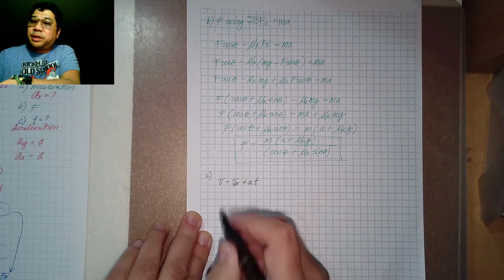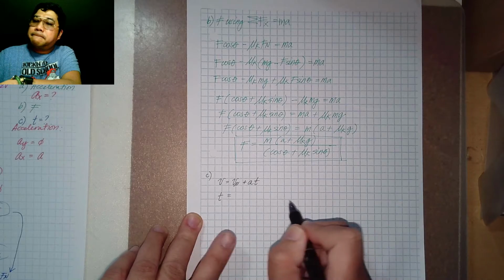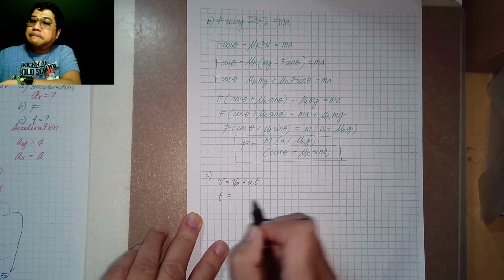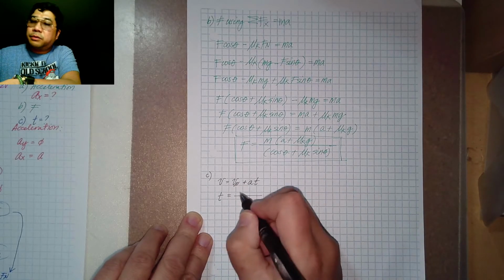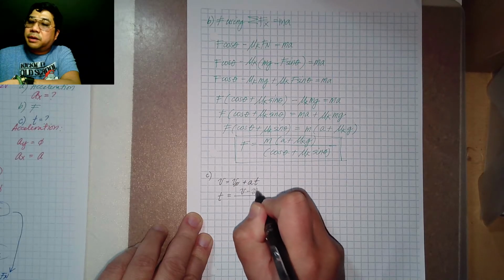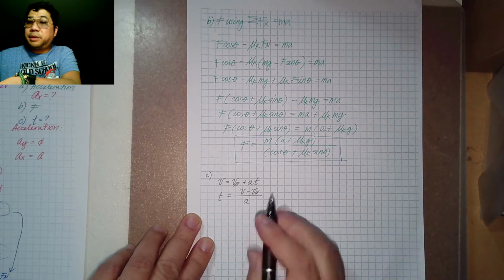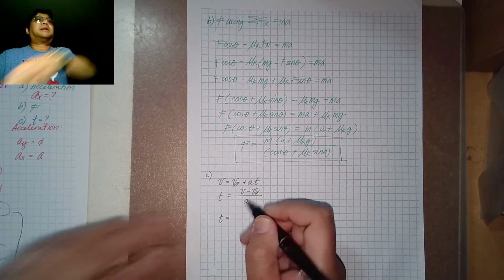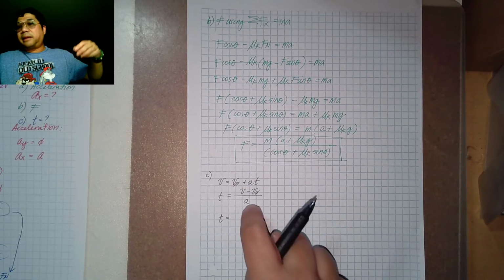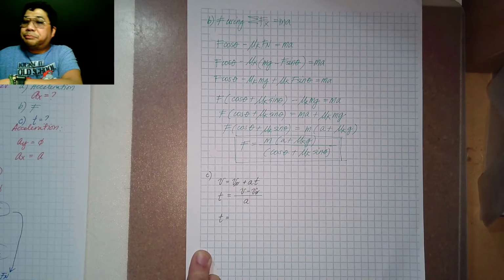We can say that t is simply equivalent to the final velocity minus the initial velocity over the acceleration. How long will it take to travel at this acceleration, provided you know the force?